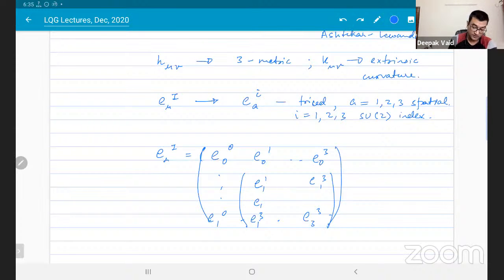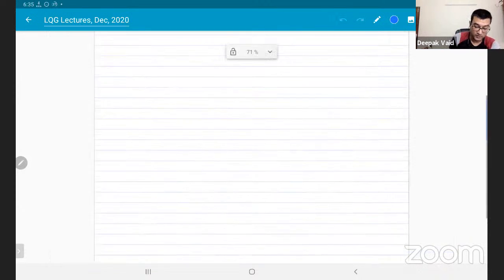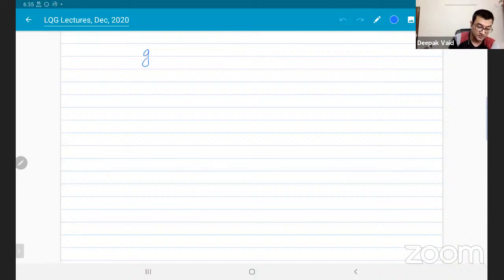So E, 1, 2, 2, 3, 1, 2, 2, like this. So this is the triad.